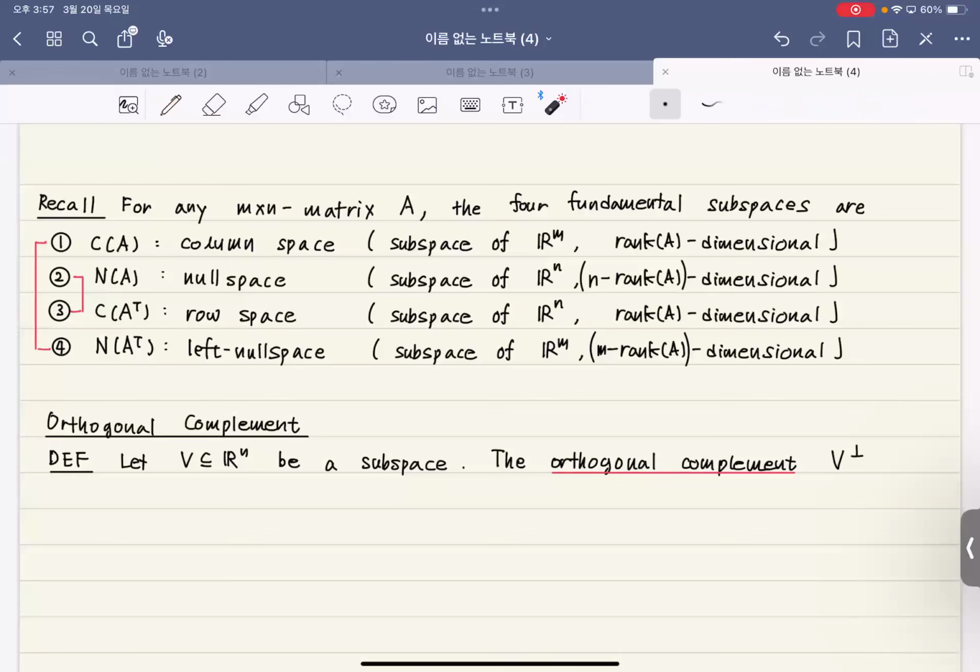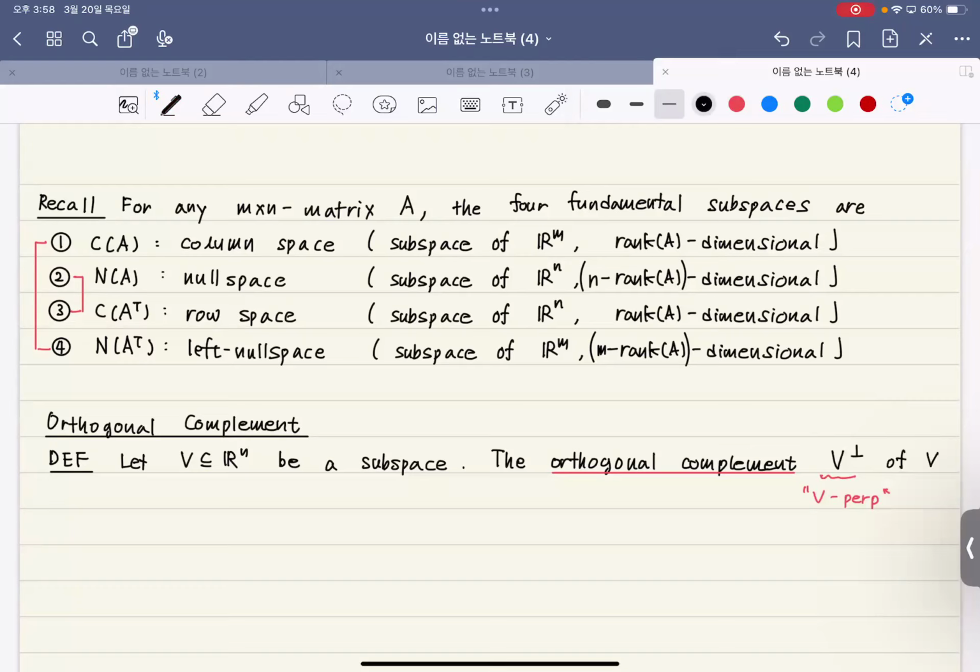This somewhat strange symbol looks like an inverted T, but it is not T. This symbol represents perpendicularity, orthogonality. We read this as V perp. Obviously, perp is short for perpendicular. Okay.